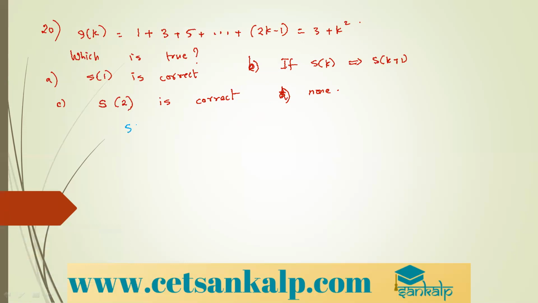Okay, so if I write S of K is 1 plus 3 plus 5 up to 2K minus 1, which is equal to 3 plus K square. If I put n equal to 1, S of 1 will be starting with 1 and ending with 1.